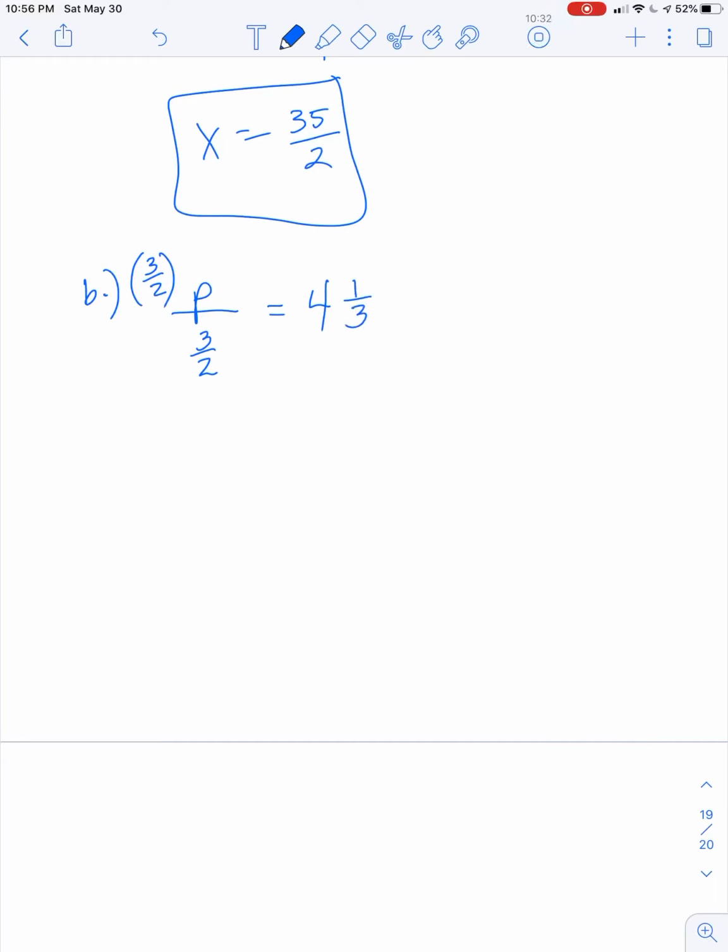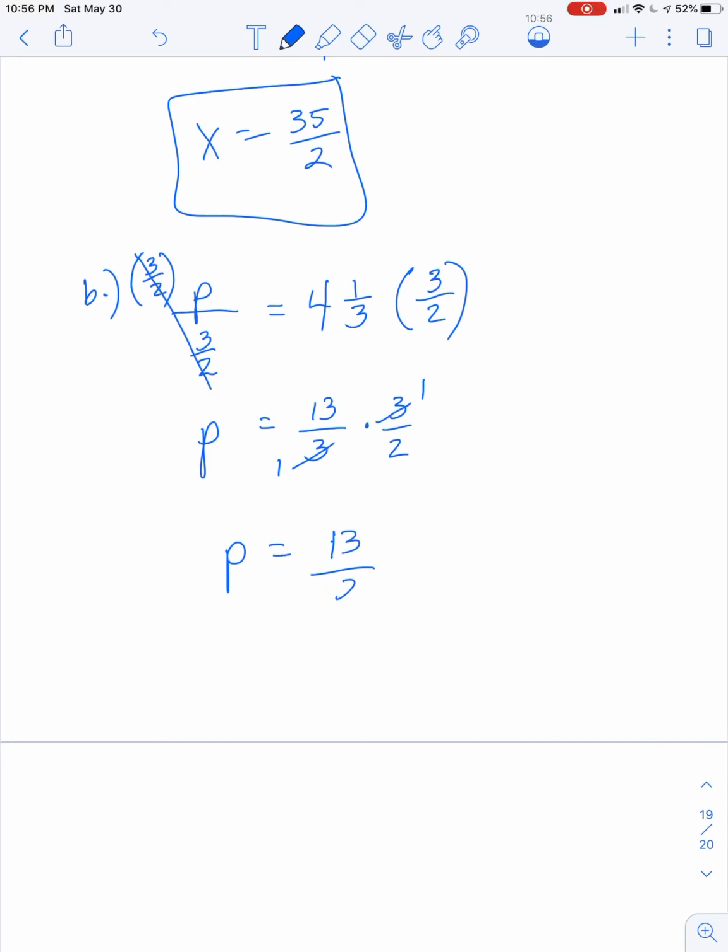Oops, I should finish writing the problem here, right? Okay, so those will cancel and make 1P or just P. And don't forget then we multiply over here by 3/2. Let's change 4 1/3 into an improper fraction. We'll get 13 over 3. And we're going to multiply that times 3/2. I have some cross canceling I can do here.